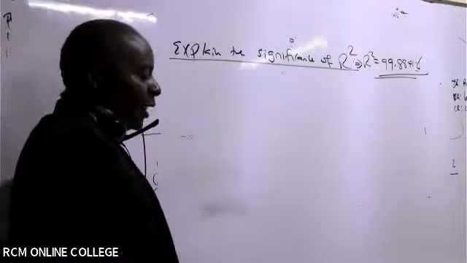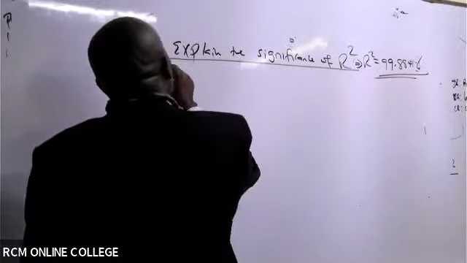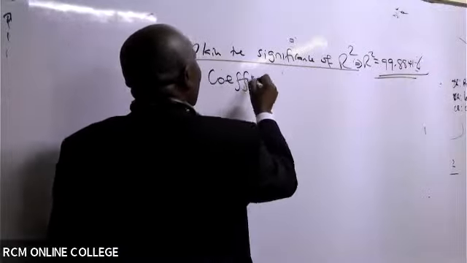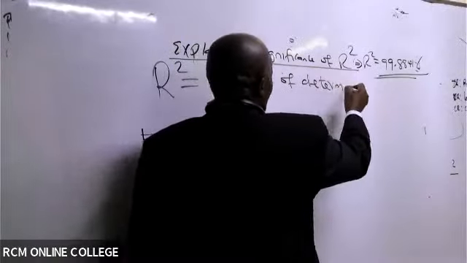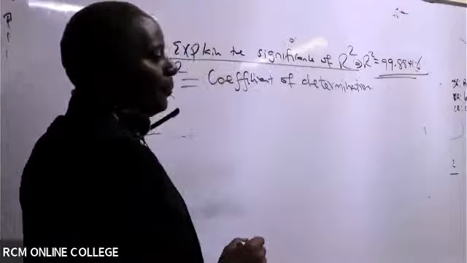So explain the significance of R squared. If you remember very well, R squared is also known as the coefficient of determination. Not correlation, but determination.